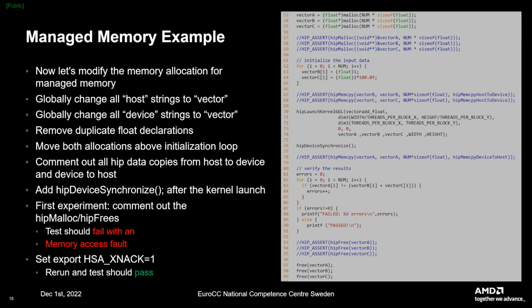And if we do this with that example from the vector add, from the HIP examples, it's going to fail because there's a memory access fault. And that's expected because we do not have memory migration enabled. So then the next step is to set that flag and the test will pass. It will automatically migrate data.